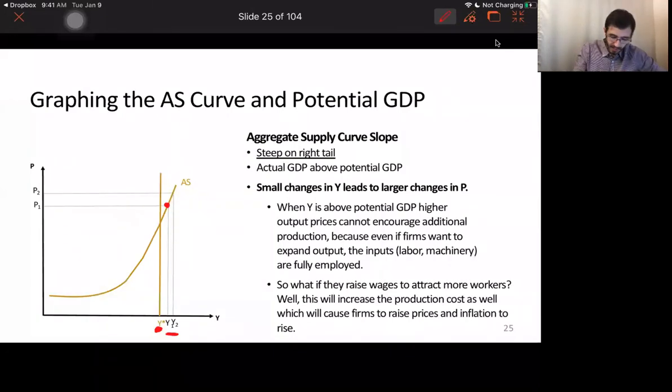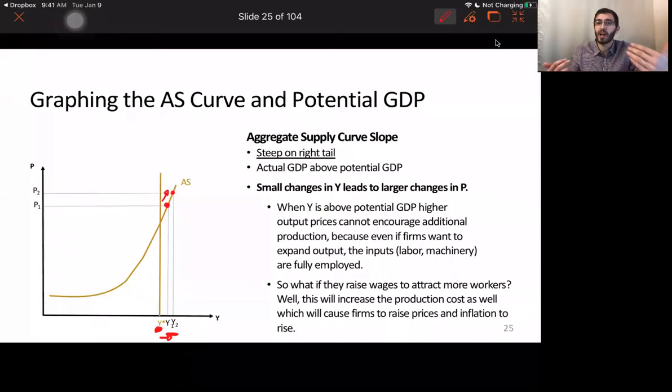If we want to increase production, trying to get to Y2, which would increase the level of GDP in an economy, it would be really hard to grow output. Why? Everybody's employed. The unemployment rate is lower than what it should be, which means there are a lot of people employed, and it's really hard to get more workers.